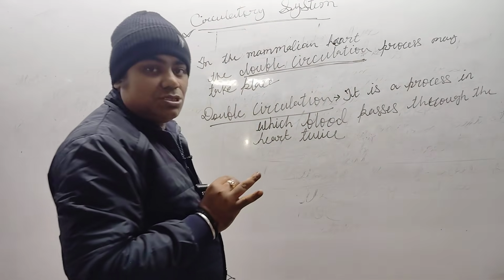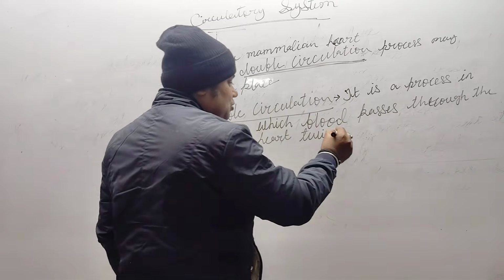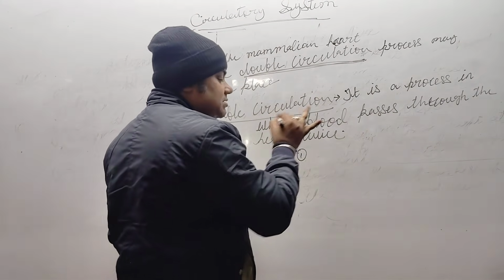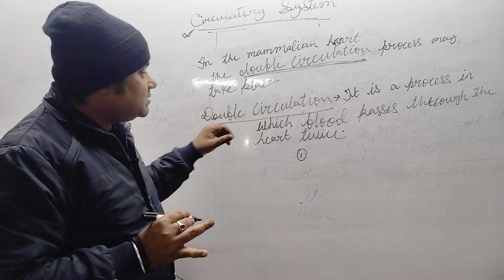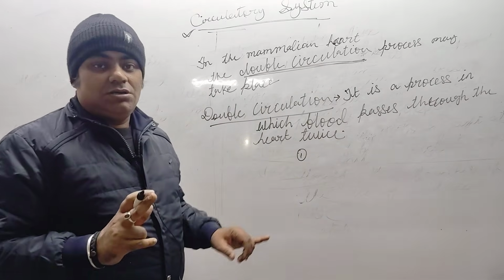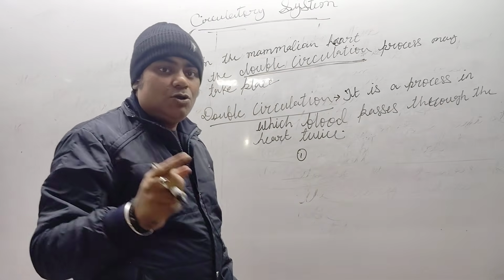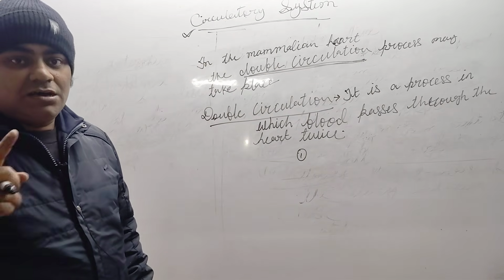तो 2 सर्कुलेशन कौन कौन सा होता है? What are the 2 types of circulation? The first circulation in this process, double circulation process में जो 2 प्रोसेस होते हैं सर्कुलेशन का, जिसके थ्रू ब्लड 2 बार पास करता है हार्ट के थ्रू.